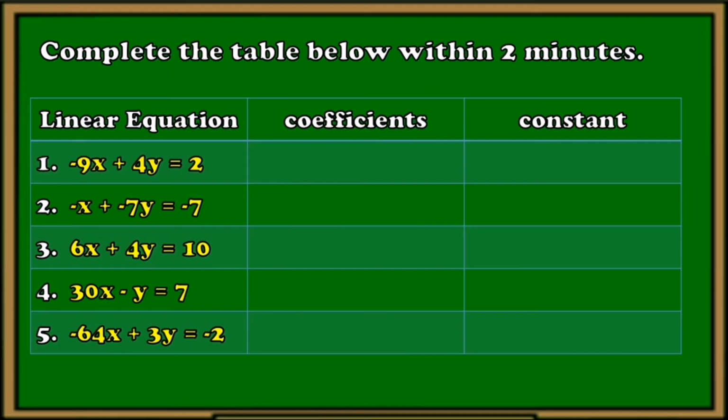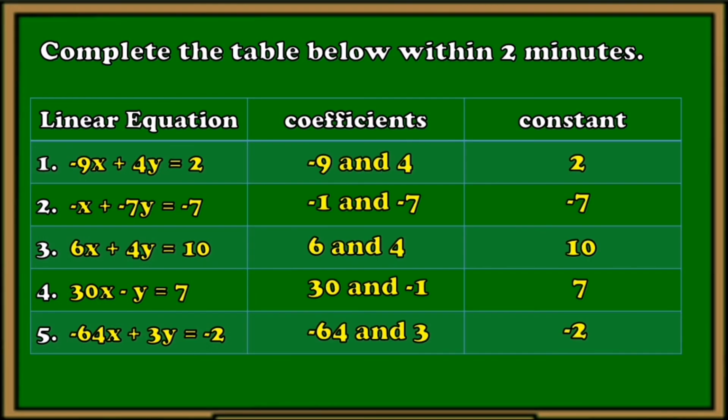Here are the answers. For number 1, the coefficients are negative 9 and 4. Constant is 2. Number 2, the coefficients are negative 1 and negative 7, and the constant is negative 7. Number 3, the coefficients are 6 and 4, and the constant is 10.